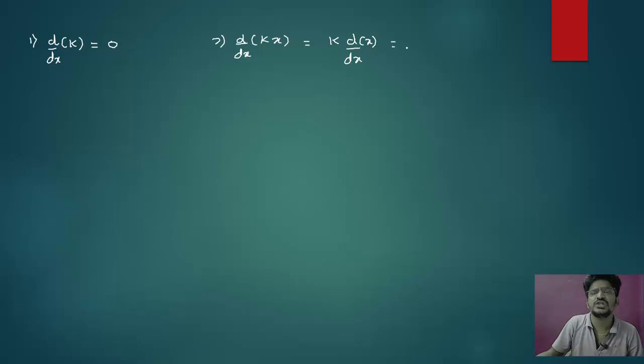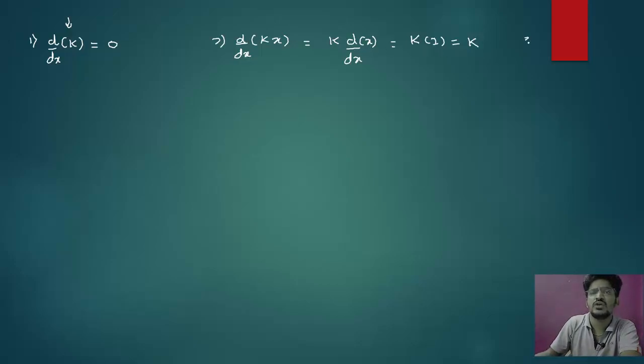And the differentiation of x is 1. So please remember, this will be k into 1, that will be equal to k. You already know the differentiation of a constant term is 0, but the differentiation of constant into x will be what? You have to take k outside and differentiate x, and differentiation of x is 1.